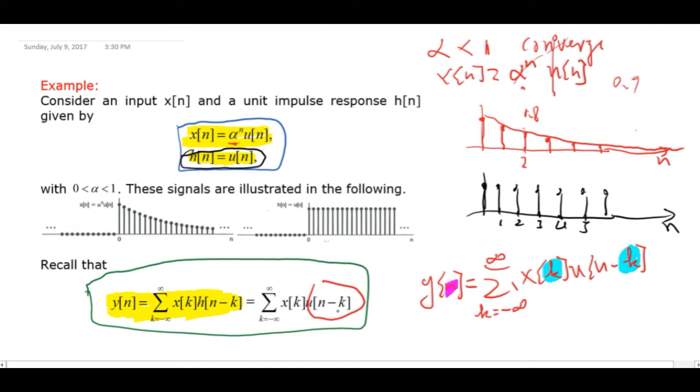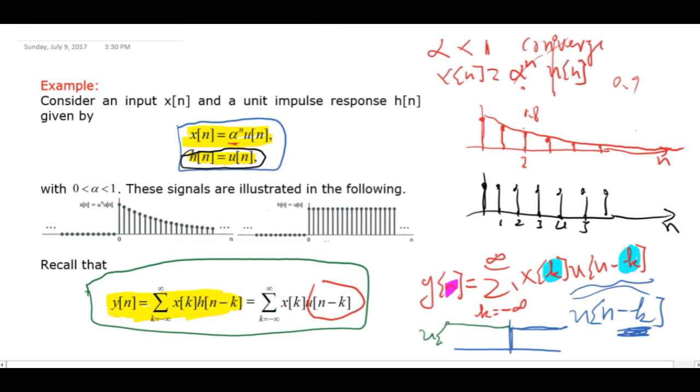The interesting work is because this u[n] is u[n minus k], so we are going to flip the thing around. For continuous time there is u(t) and then u(minus t). So we have to be very good with that.